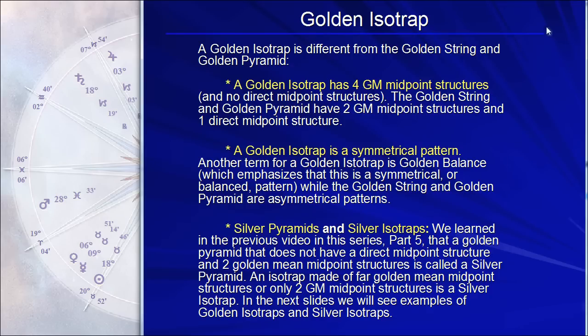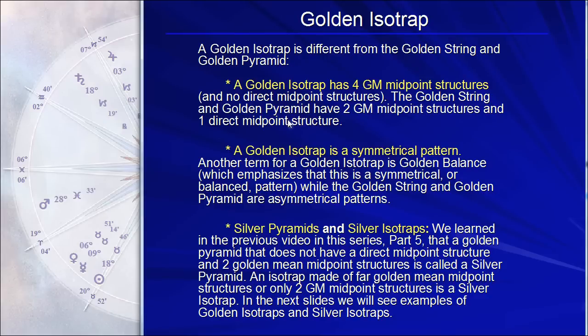So just to go over these three special patterns, because this is our last video on these special patterns, we have the Golden Isotrap has 4 golden mean midpoint structures and no direct midpoint structures. The golden string, by contrast, both the golden string and the golden pyramid have 2 golden mean midpoint structures and 1 direct midpoint structure.